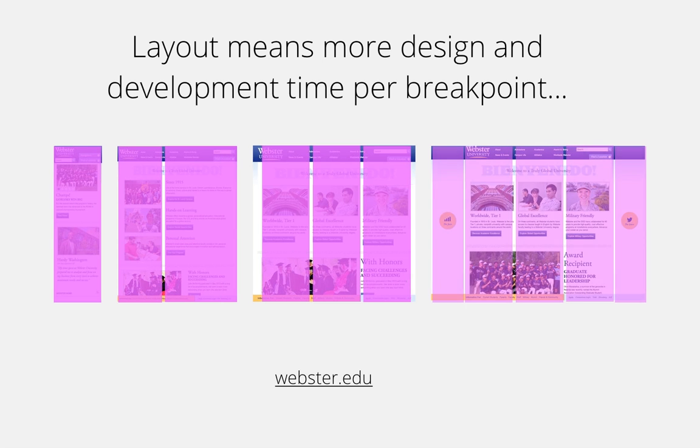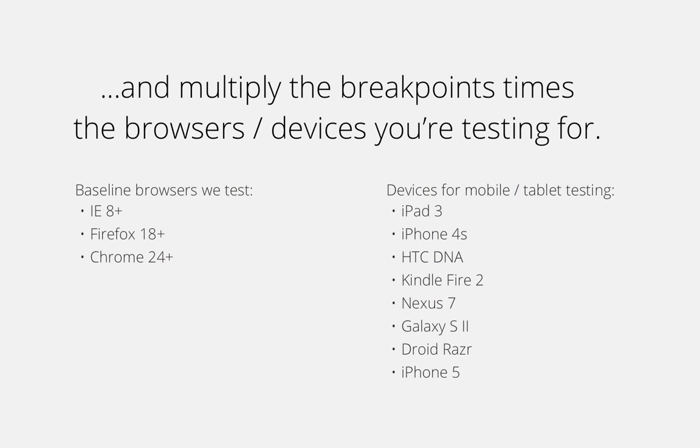So we are spending more time on each individual layout, but we have to think about speed of process in terms of multiplying all of those different layouts times the browsers and the devices we're testing for. A few of the baseline browsers we test for are IE 8, 9, and 10, Firefox 18 and later, and Chrome 24 and later.